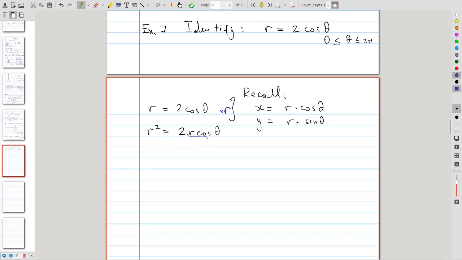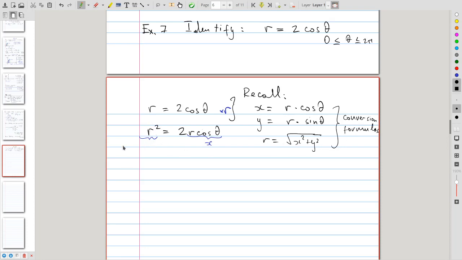So this part on the right gives us precisely x, and this part on the left can also be easily expressed in terms of the Cartesian coordinates. So since r is the square root of x squared plus y squared, this is another conversion formula. So these are all conversion formulas that we discussed previously.